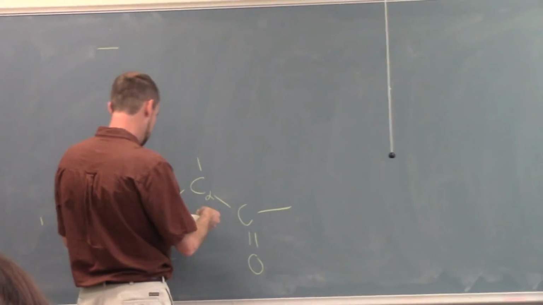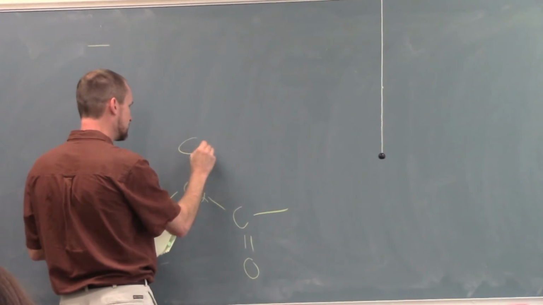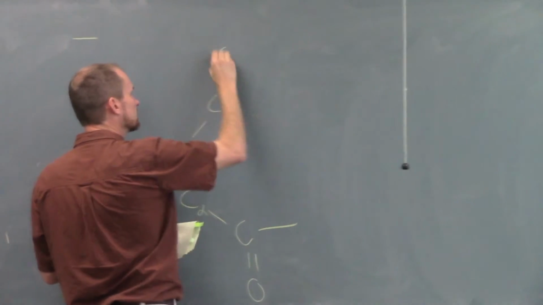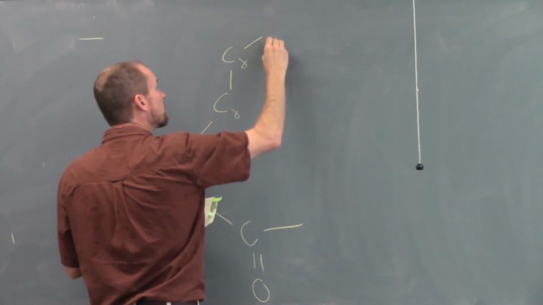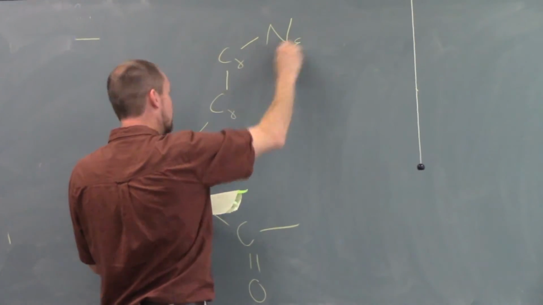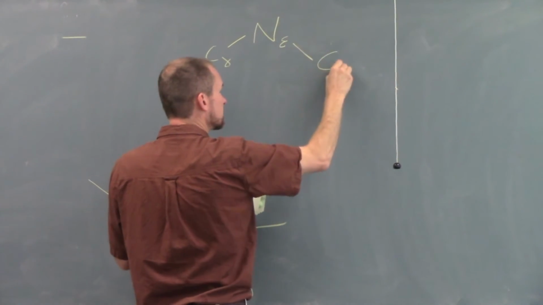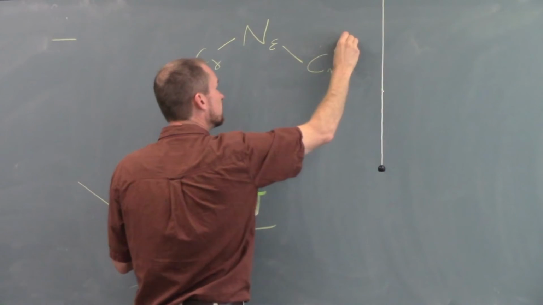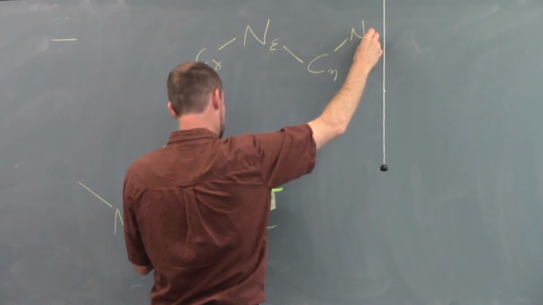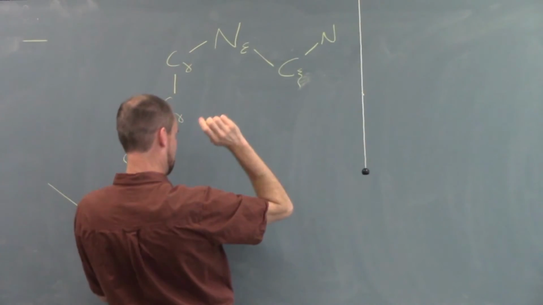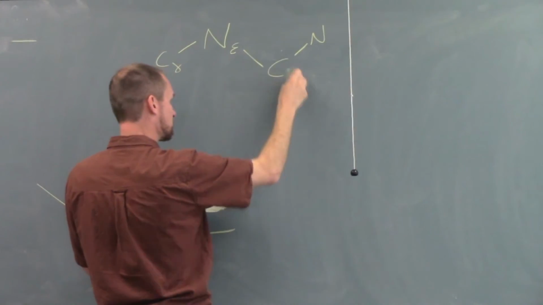So C alpha, C beta, C gamma, C delta, and epsilon, C zeta. I'm not Greek, as you can tell.